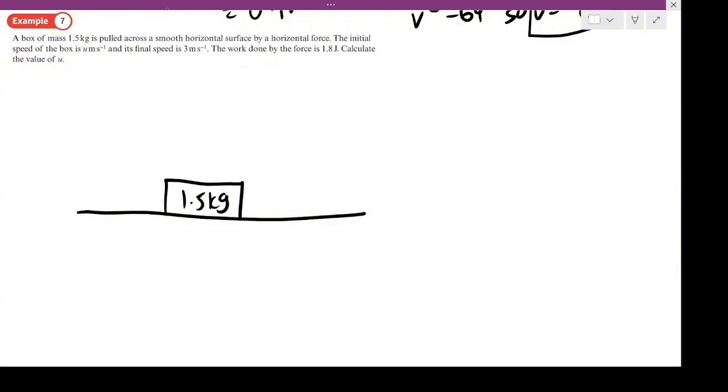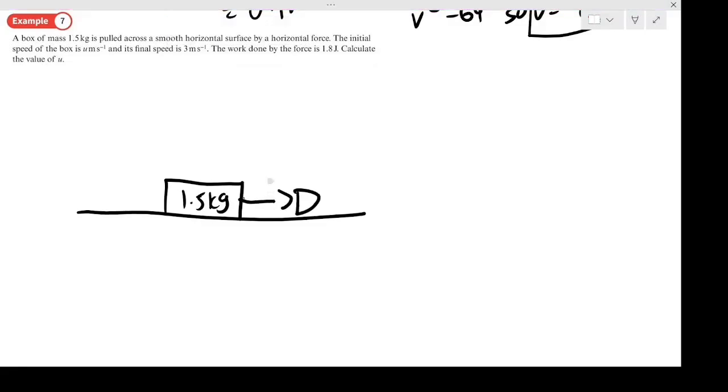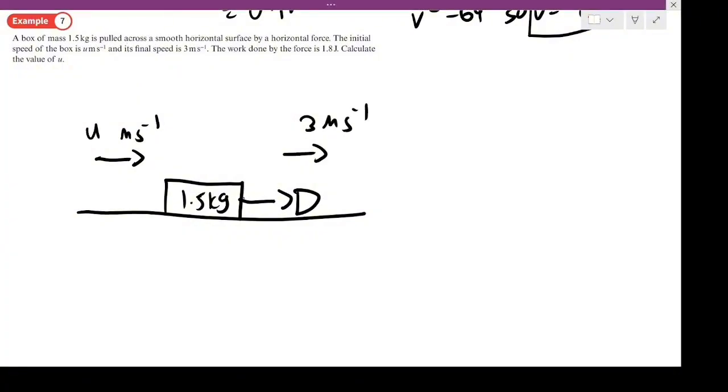Then we're told it's pulled across by a horizontal force, so it's moving forward by some force, I'll call that D. I'm told the initial speed is u, so over here the speed is u, and at the end the final speed is 3. So those are my two speeds, u and 3. I'm also told the work done by the force is 1.8 joules.